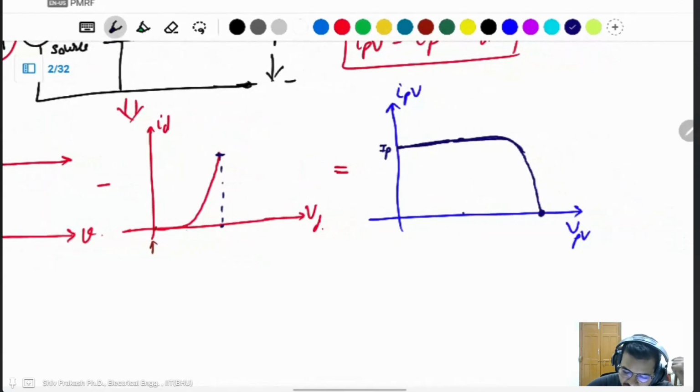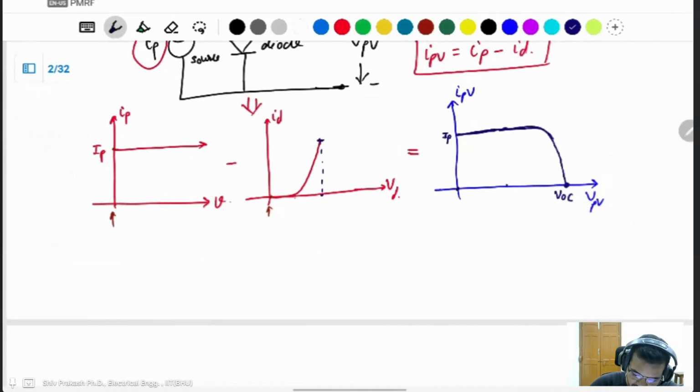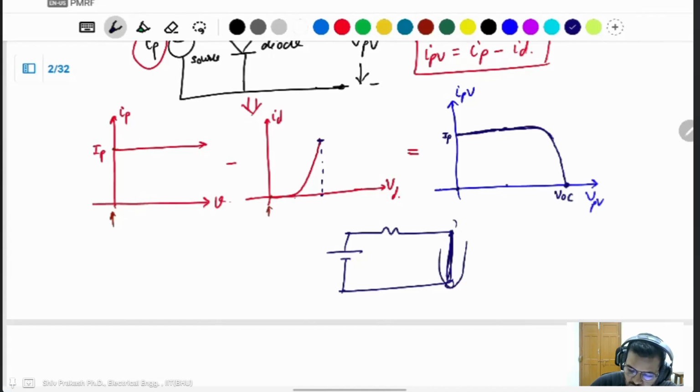In this characteristic, at 0 current, you know that 0 current means open circuit. Then this will be the open circuit voltage. At 0 voltage, it means short circuit. If you take any circuit like that and short the two terminals, this voltage will be 0 only.